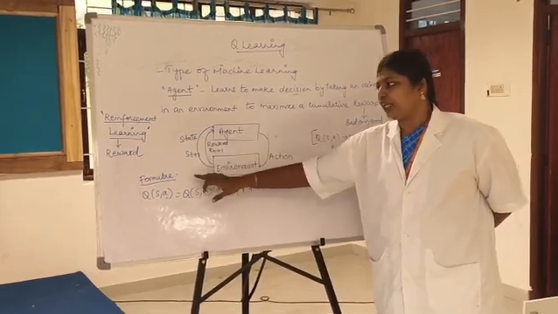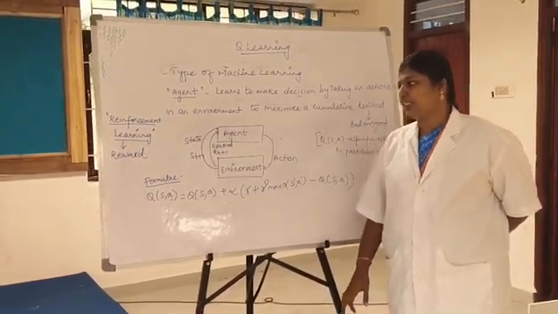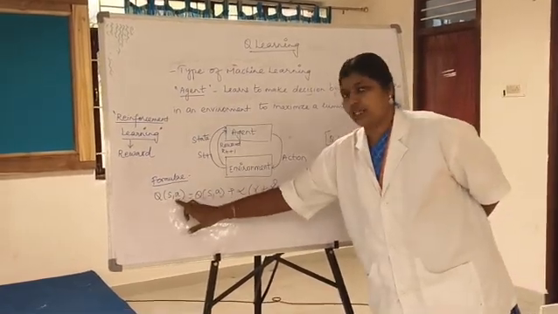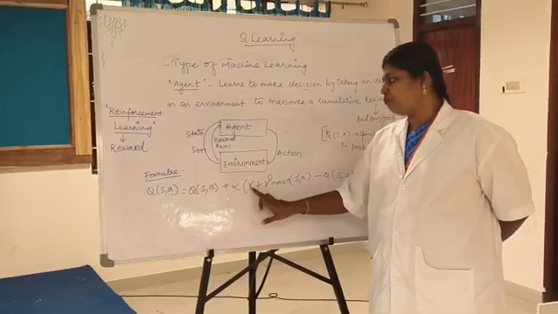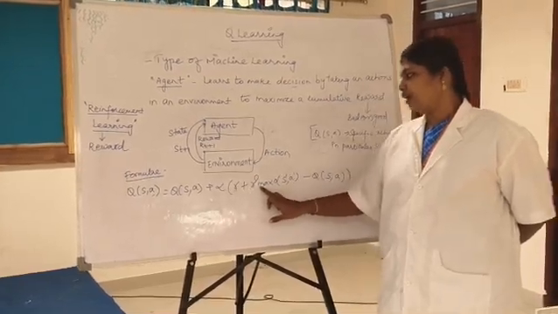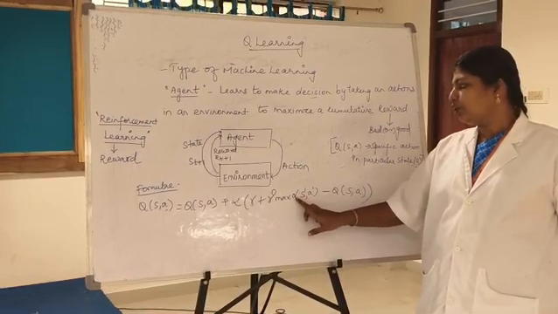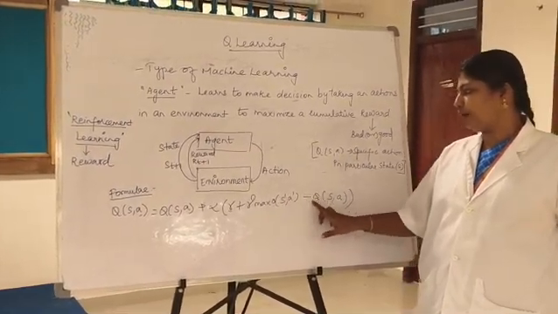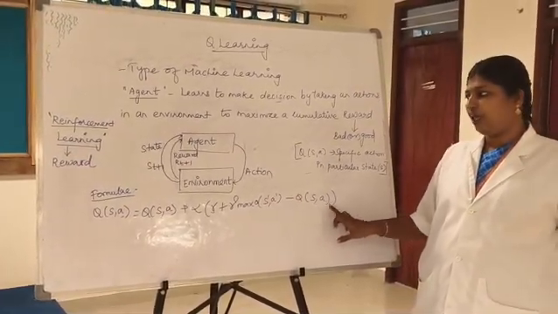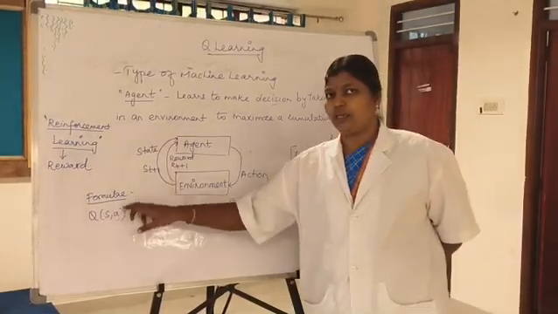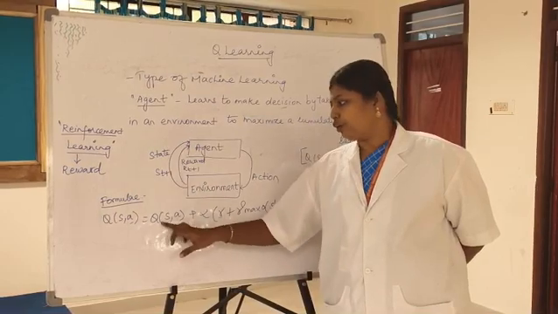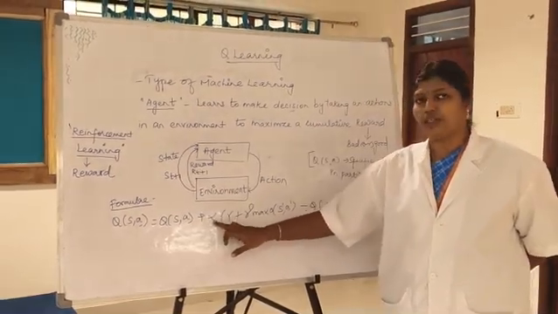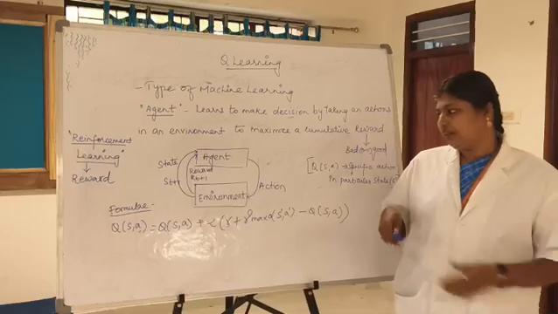The general formula for Q learning is Q of S comma A is equal to Q of S comma A plus alpha into R plus gamma of max Q of S dash comma A dash minus Q of S comma A. Q of S comma A is the present state.